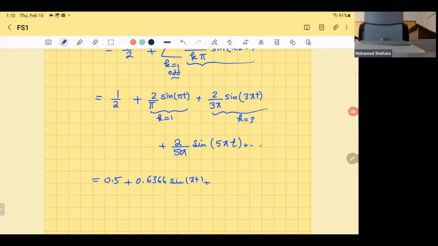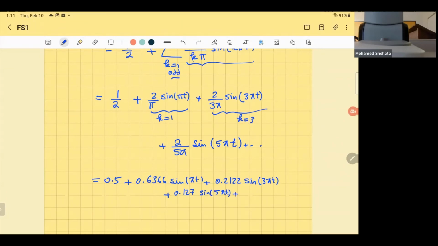I just divide what I have here by 3. I got 0.212 sine 3 pi t plus, what? I will divide the fundamental component by 5. I get 0.127 sine 5 pi t.